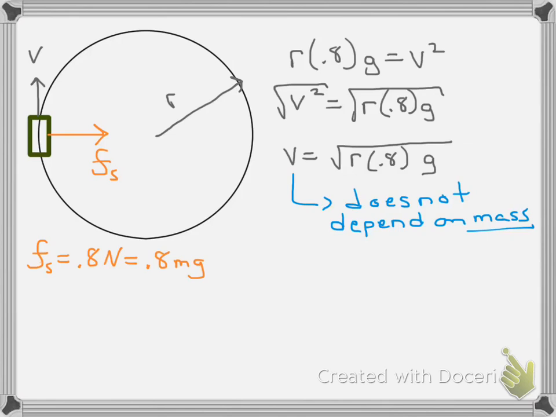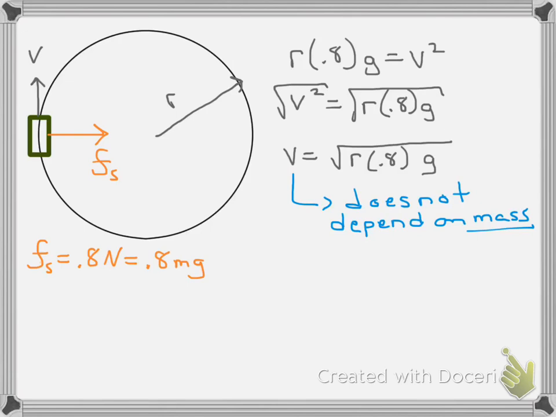And this shouldn't be too surprising. If you have ever, for example, gotten off the interstate on an off-ramp that is circular, you've noticed that there's generally a sign there that says 35 miles per hour on that circular off-ramp.